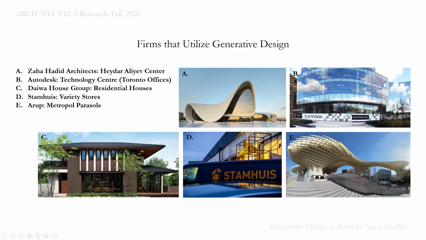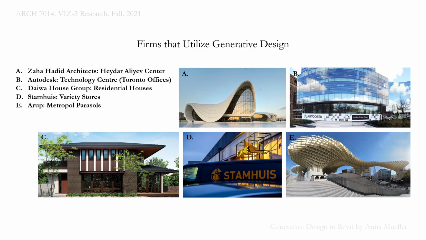The second one is Autodesk. Autodesk has offices all over the world, but this one's in Toronto. This kind of shows people what they can do with the generative design process by making their own.